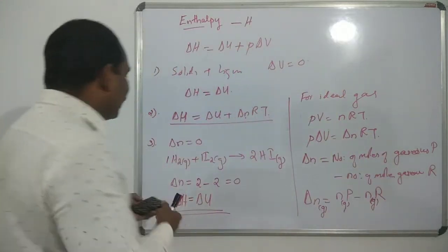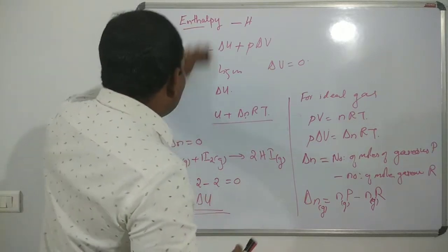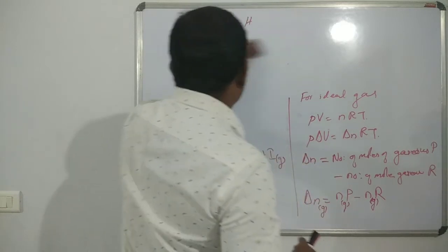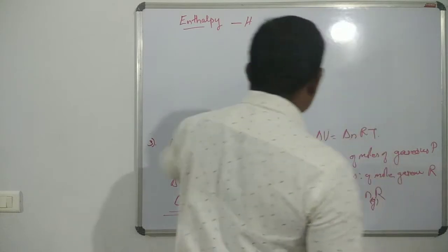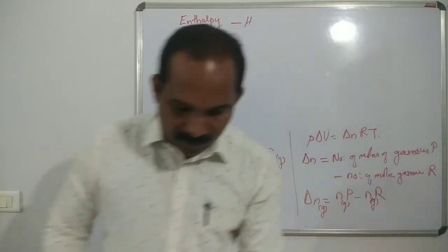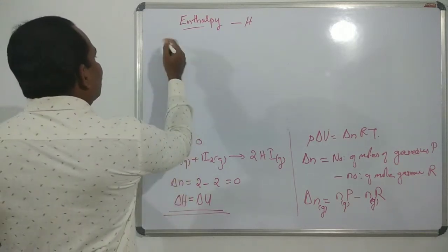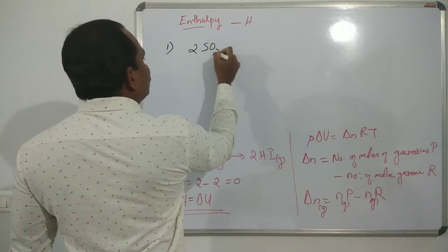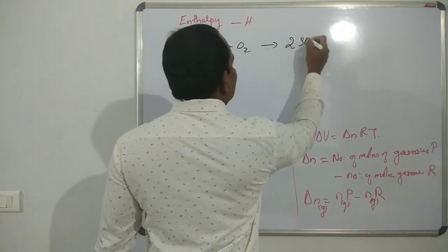Are you clear? Yes. Then some more examples, where the reactants and the products are in the gaseous state. First one: 2SO2 plus O2 gives 2SO3.